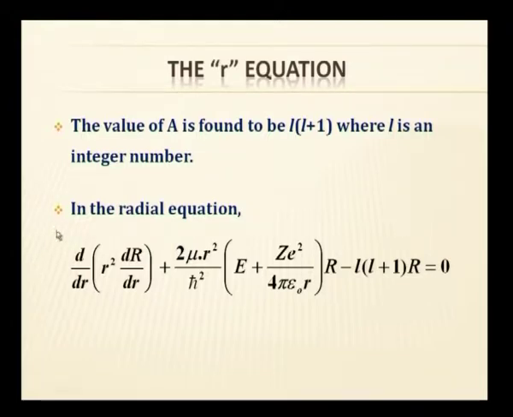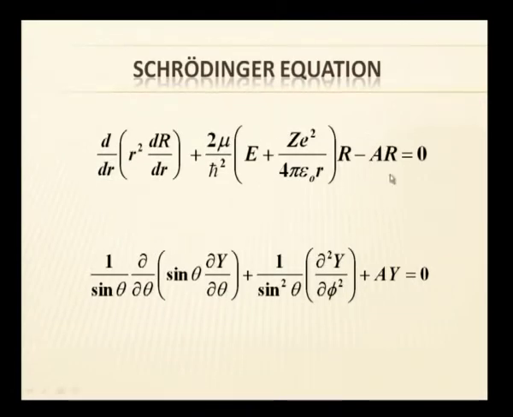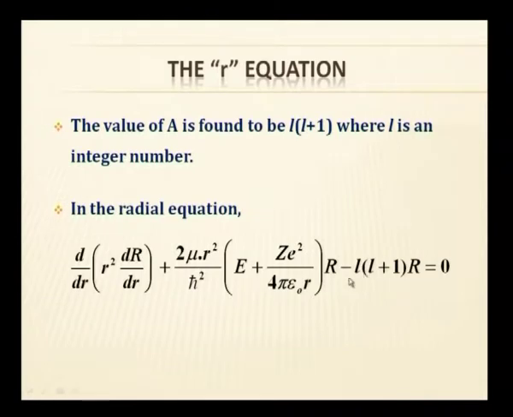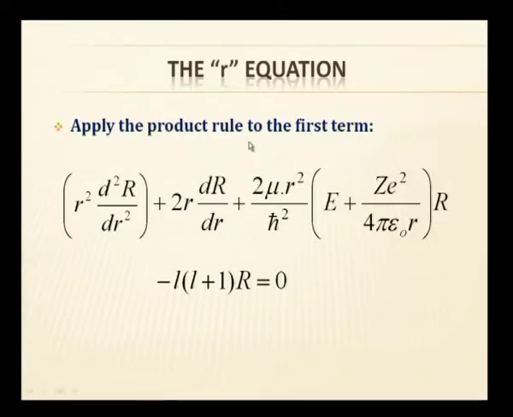In the radial equation, you now have d by dr of r square dR by dr plus 2 mu r square by h bar square into E plus z e square by 4 pi epsilon naught into r minus L into L plus 1, that is what you have here, right. I have substituted for A now, L into L plus 1 multiplied by R is equal to 0. Apply the product rule to the first term.